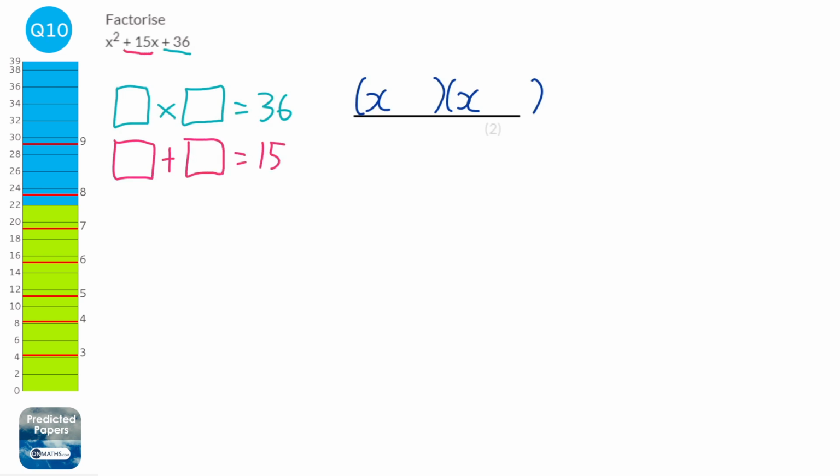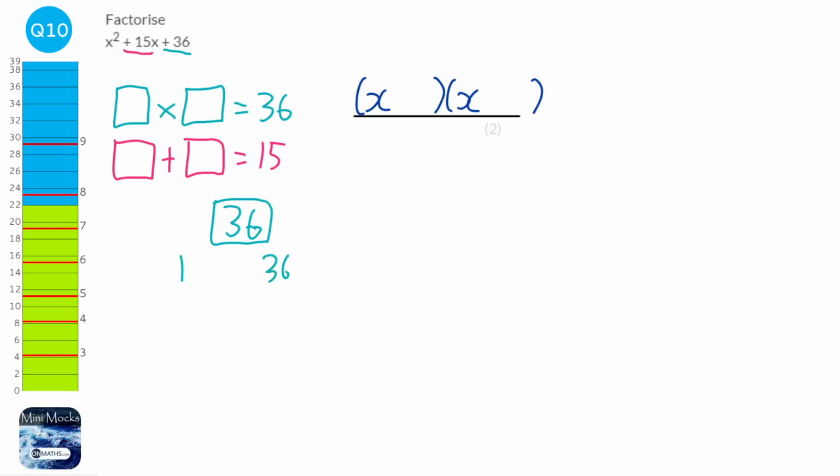Now, if you can figure out the answer in your head, that's absolutely fine. If not, you can just quickly write down the factors of 36. Now, because they multiply together to make a positive 36, they'll either both be positive or both be negative, but they add together to make a positive number. So we're just looking at the positive factors.